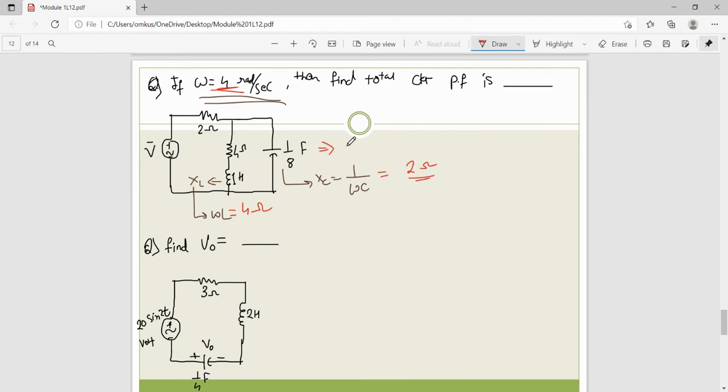So X_C is denoted as minus jX_C, and X_L is denoted as jX_L, right. By placing these terms here, you need to calculate the total power factor. This is the power factor here. How to calculate it? Power factor is nothing but the cos of R by Z.